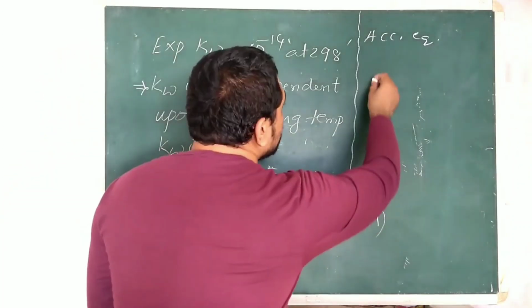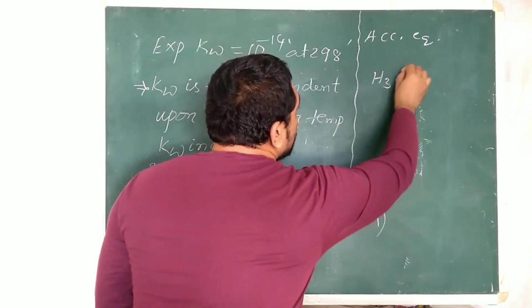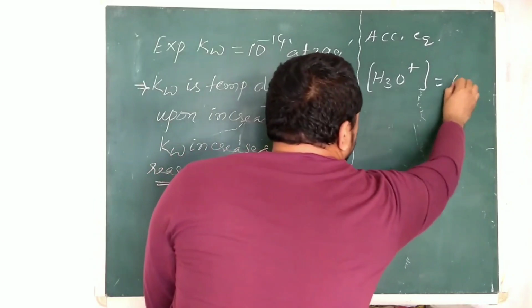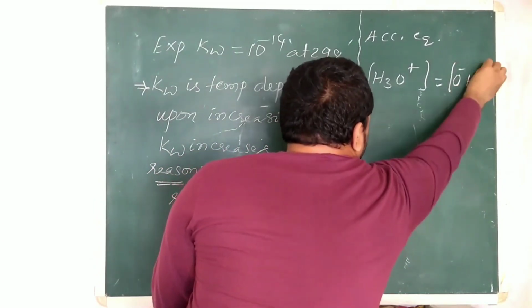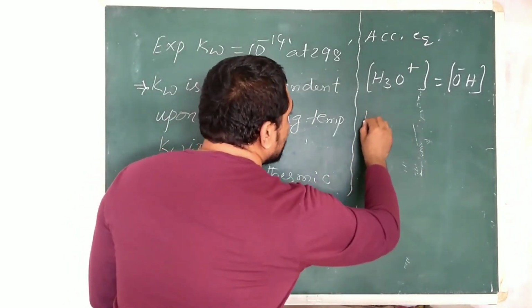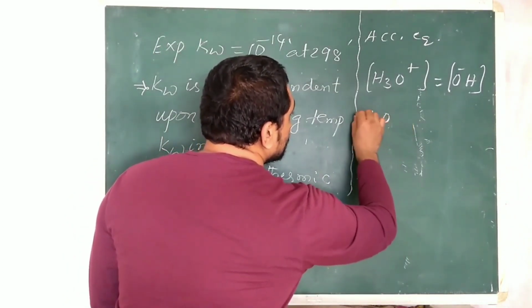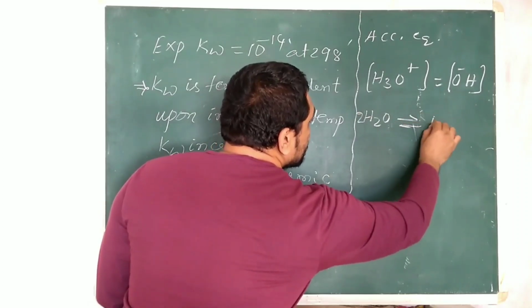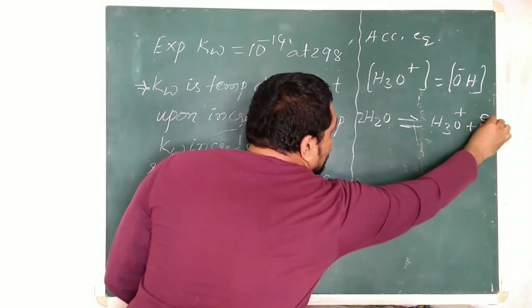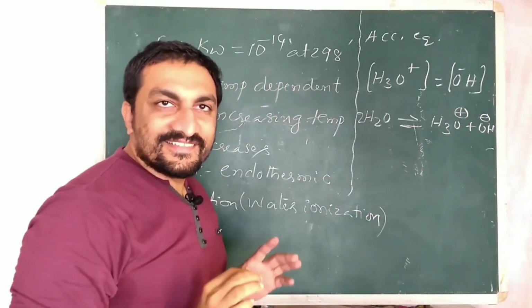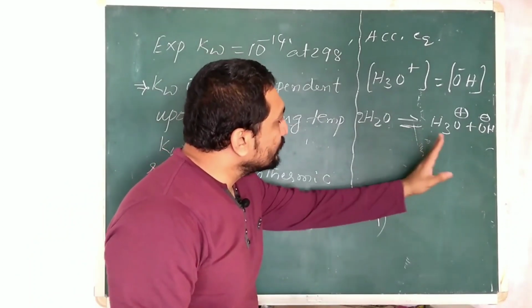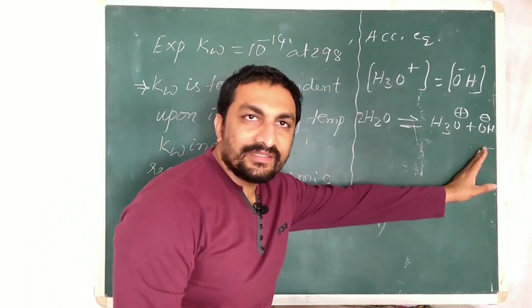Okay. So according to the equation, H3O plus concentration is equal to OH minus concentration. So are you not getting? Okay, let us see the equilibrium once again. 2H2O reversible arrows H3O plus OH minus.